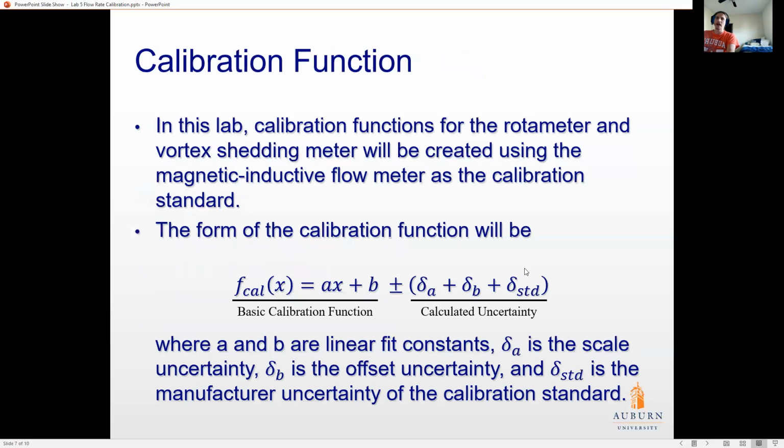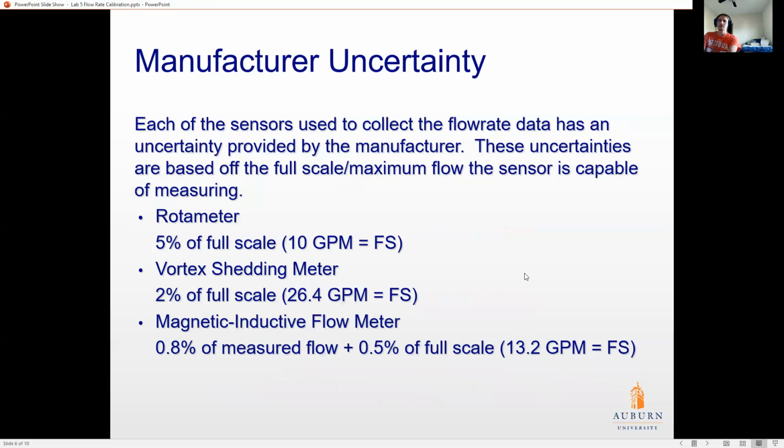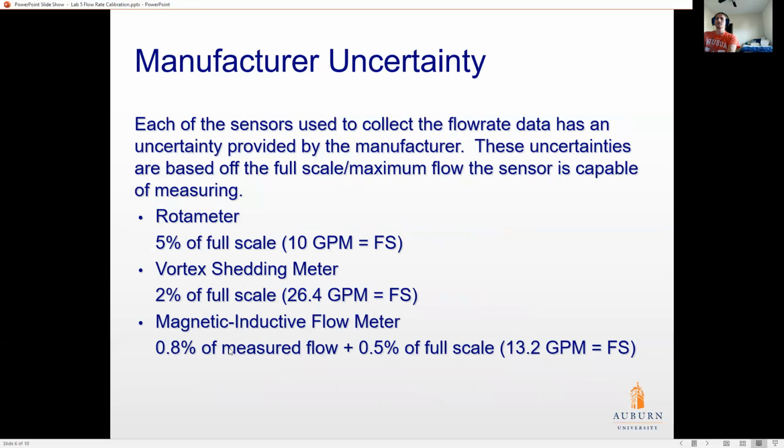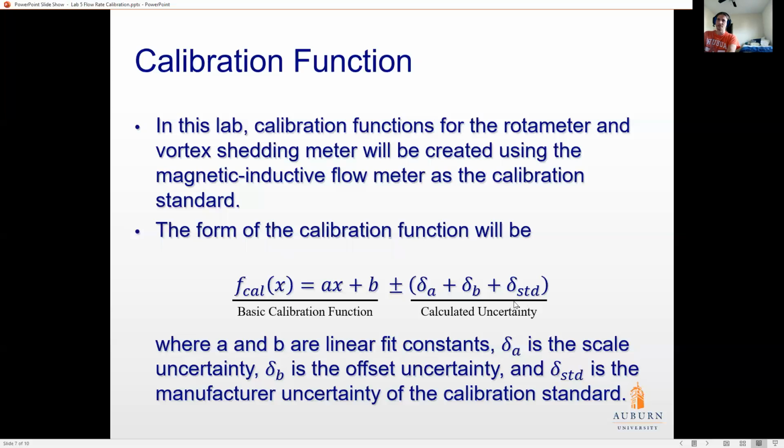For your measured flow, I want you to use the highest flow that was measured by the magnetic inductance meter. Whatever its highest flow number was, times 0.8% plus 0.5% of 13.2. That'll give you a number in gallons per minute. That's what your del standard should be.